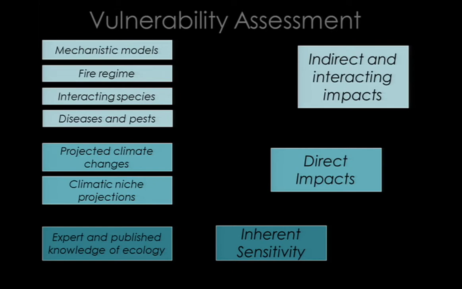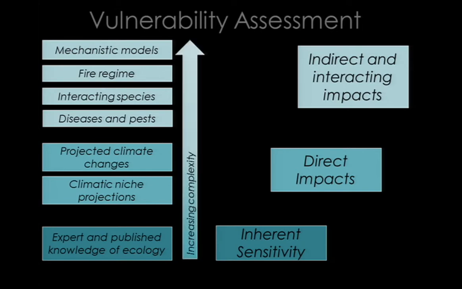And then we also looked at some of these complicating factors like changes to fire regime, interacting species, and diseases and pests. And we wanted to pull all of this together, and these assessments were largely qualitative in terms of our overall assessment.